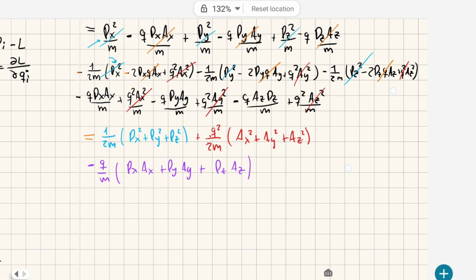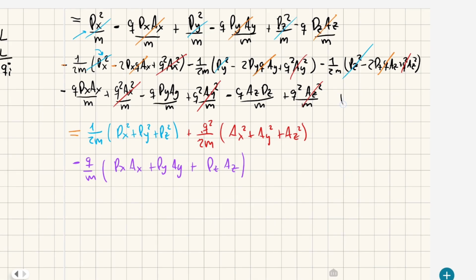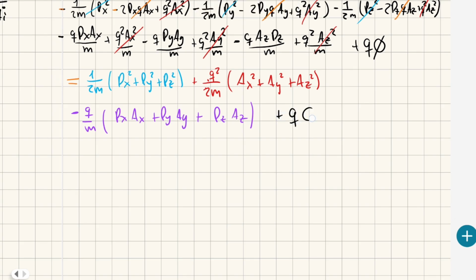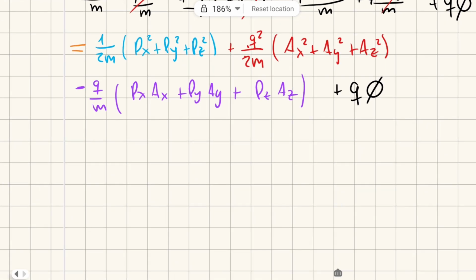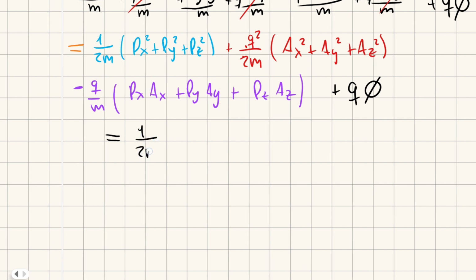Okay, so notice something. Oh, right, I forgot to add the element q phi here. It is very important, but that doesn't imply any problem. So the thing here is that you need to notice that this whole thing can be seen as 1 divided by 2m times p minus qA all squared plus q phi.